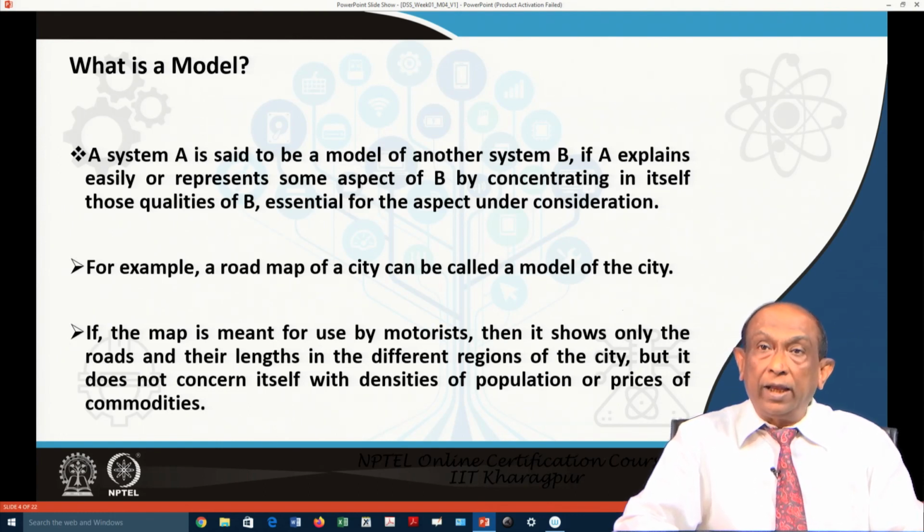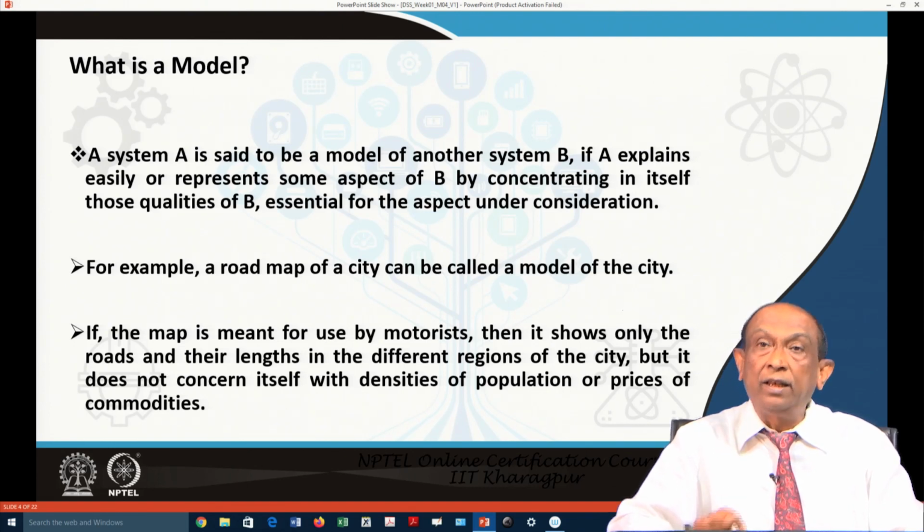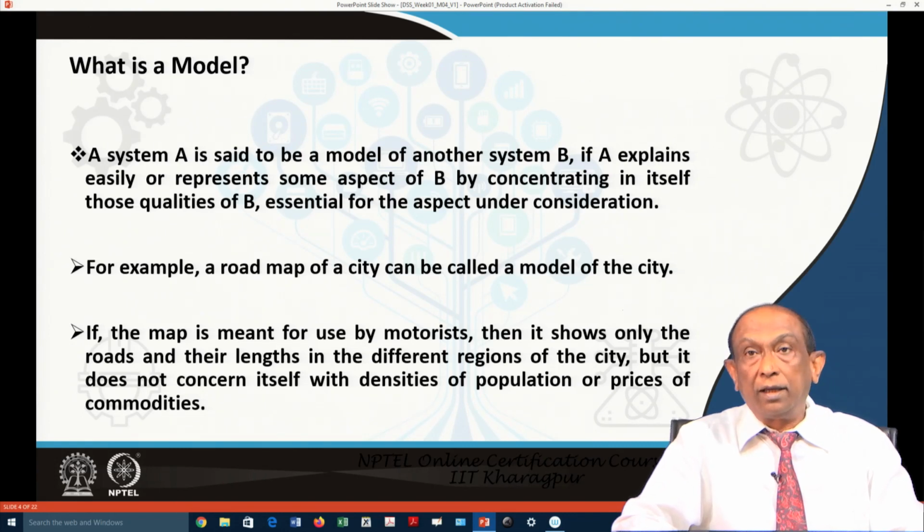A system A is said to be a model of another system B if A explains easily or represents some aspect of B by concentrating in itself those qualities of B which are essential for the aspect under consideration.